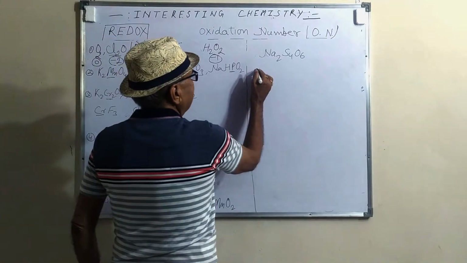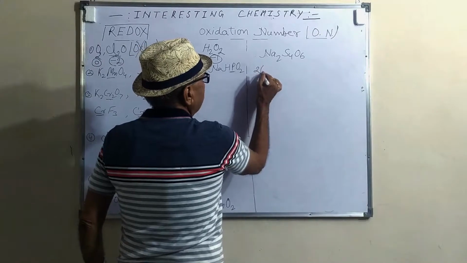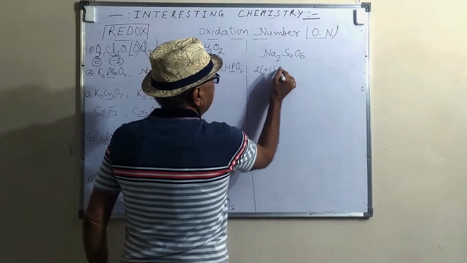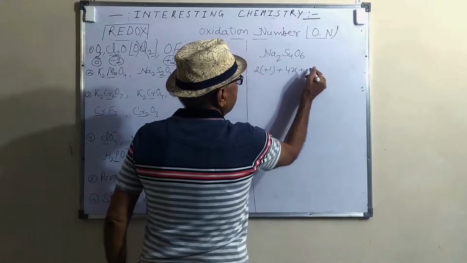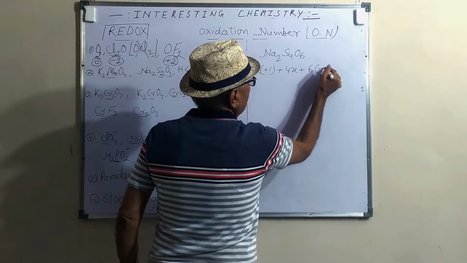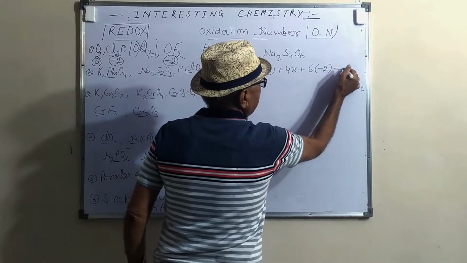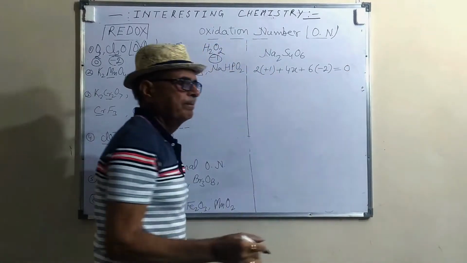So you write here 2 into +1 plus 4x plus 6 into -2 is equal to 0.